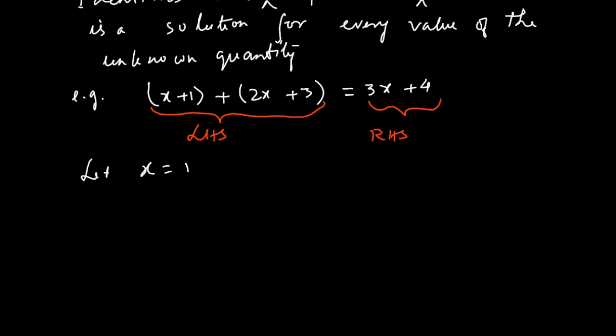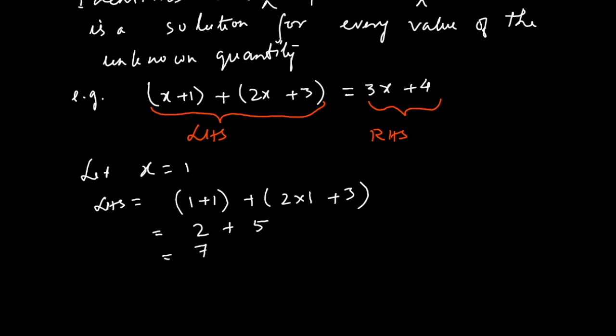So let us substitute the value of x. We shall see by trial and error which values of x can satisfy this expression. That means left hand side becomes equal to right hand side. Let x equal to 1. LHS becomes 1 plus 1 plus 2 into 1 plus 3 equal to 2 plus 2 plus 3, which is 7.